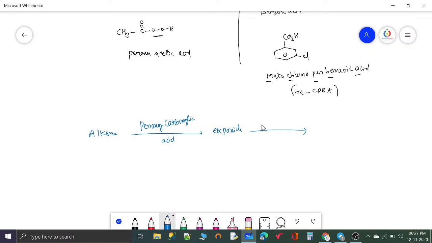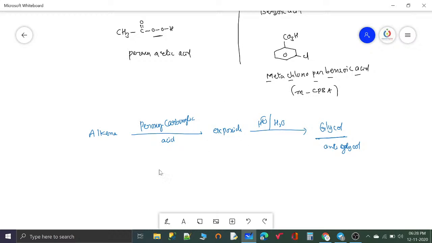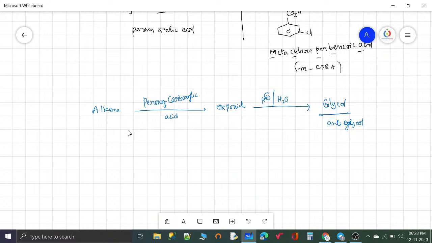If this epoxide is subjected to any mineral acid in the presence of water, that means aqueous mineral acid, then you will get the glycol. It is an anti-glycol, which means an anti-addition reaction we can expect. So I will take some examples. What does epoxide mean, and what are the remaining products?